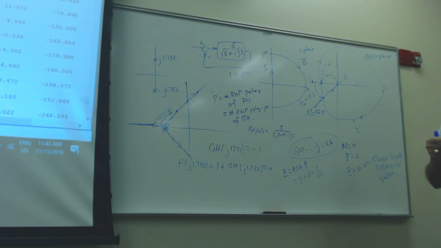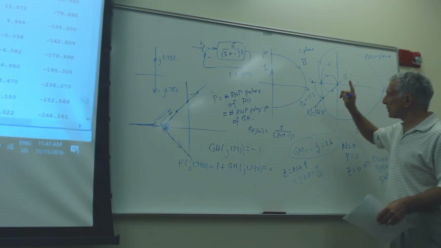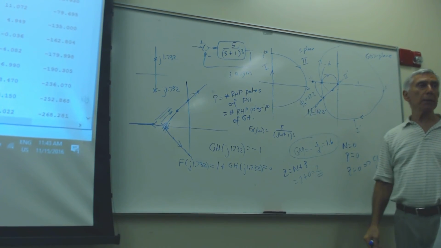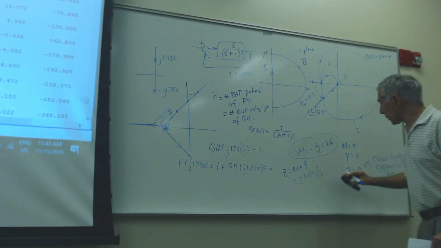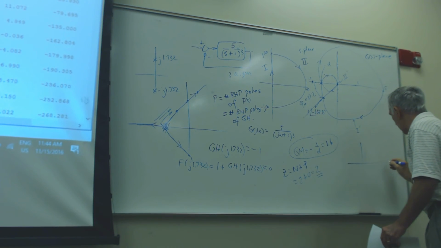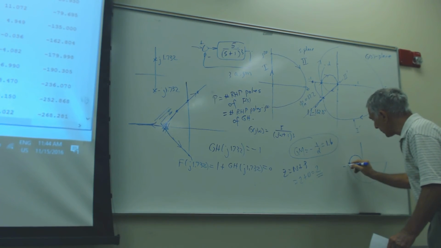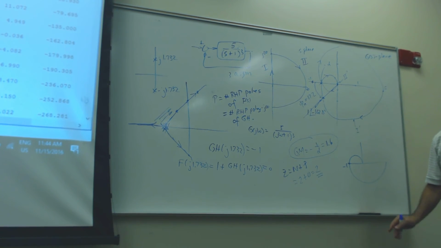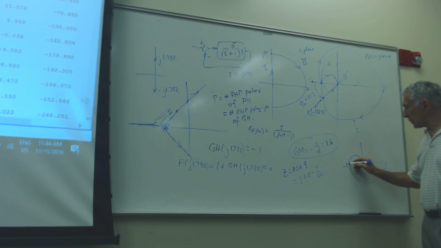And when the gain K reaches 1.6 here, that means that the Nyquist diagram will look like this. Minus 1 will look like that. And here you see the phase margin is 0, right? This is the unit circle.